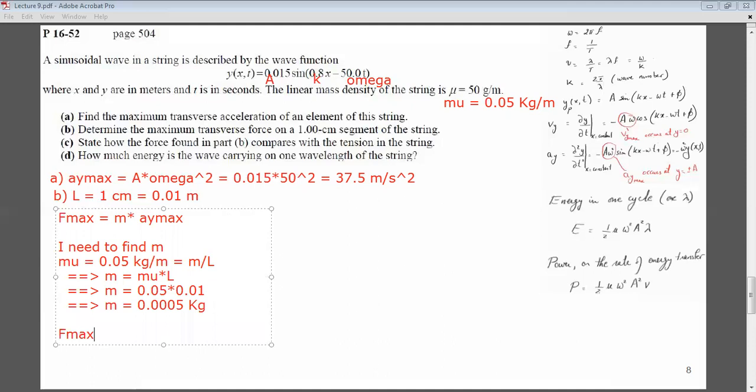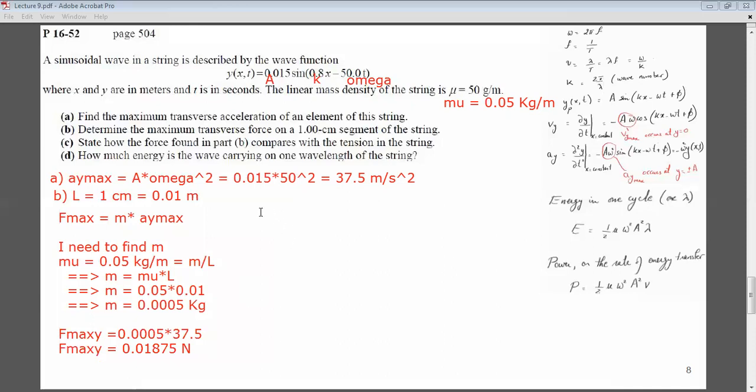Now F maximum transverse is equal to 0.0005 multiplied by a_y maximum, which is 37.5, and the maximum transverse force is equal to 0.01875 newton.